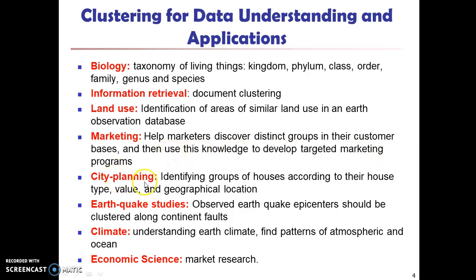And city planning: identifying groups of houses according to the house type, value and geographical location. In city planning, we will have a number of houses, of different types and different values for different people in different geographical locations. To identify all these, we are applying the clustering concept.